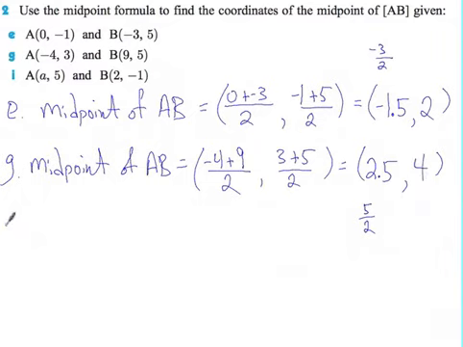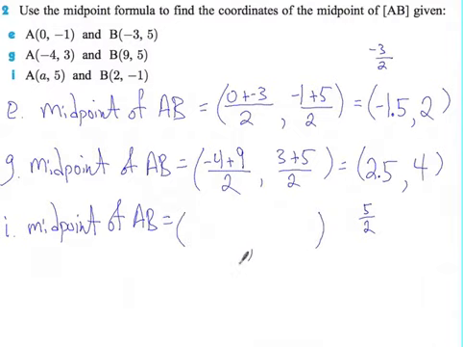And the last one, I, again, midpoint of A and B. This time it looks like all the values aren't there, so it will just be a little formula. The midpoint of the x's. X's are A and 2. All right, halfway between A and 2 is A plus 2 divided by 2.